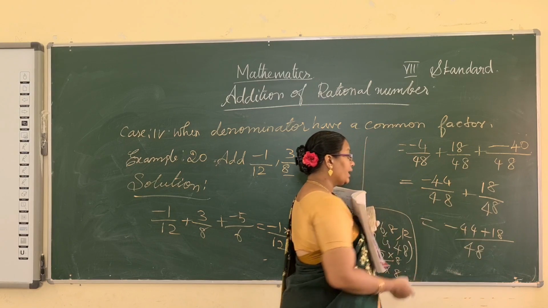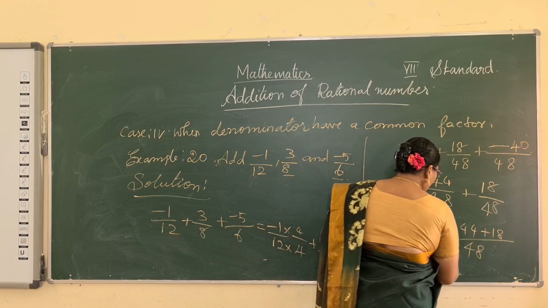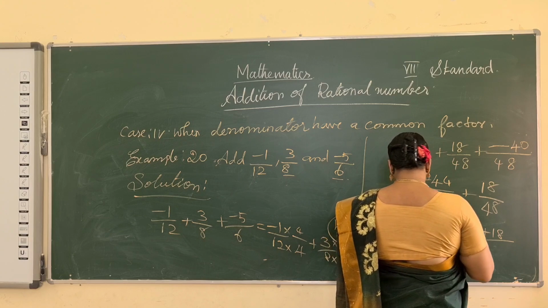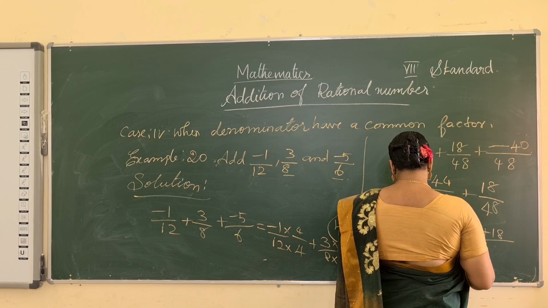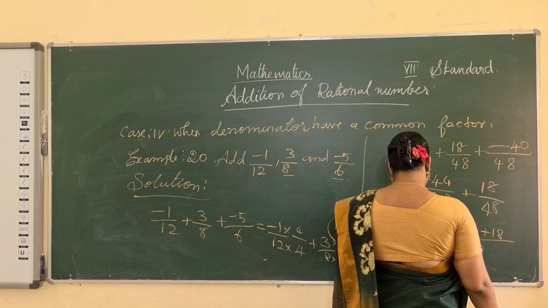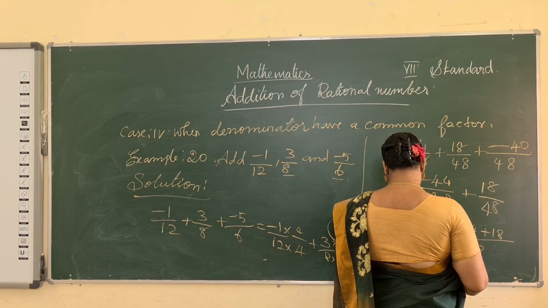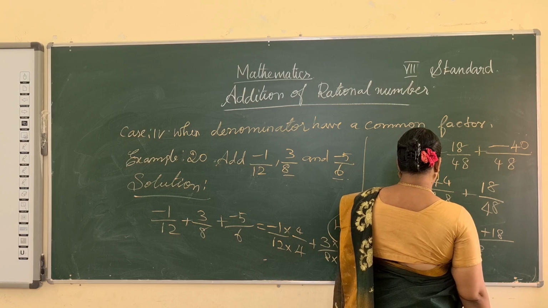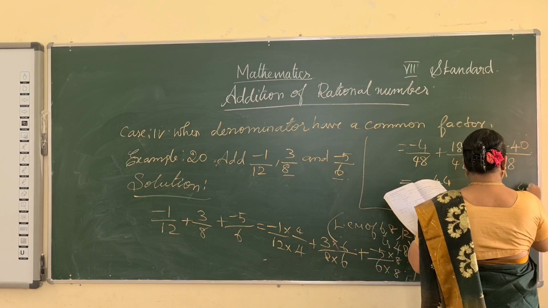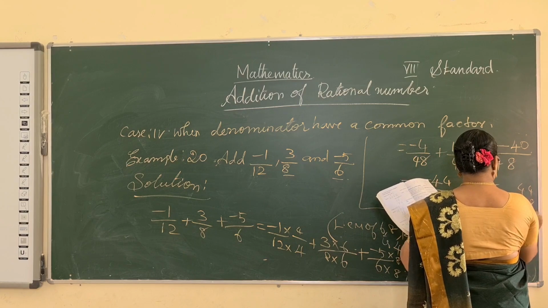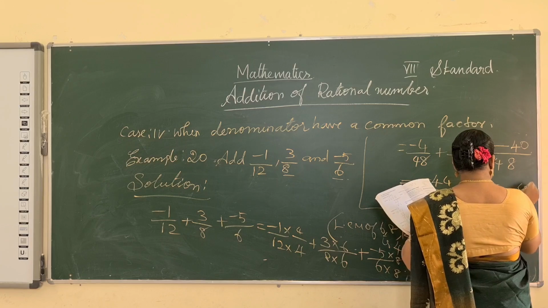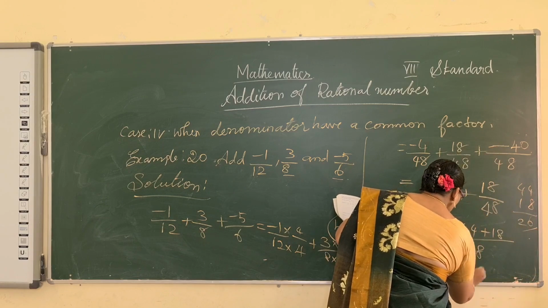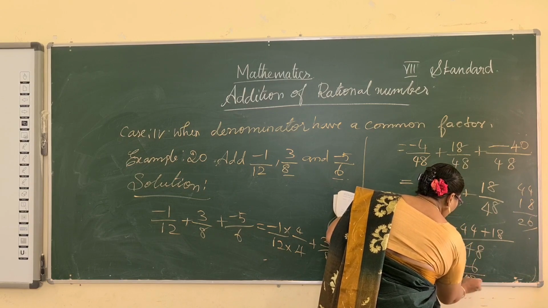Subtract and put the greater number's sign, which is minus. So 44 minus 18 is 26. So minus 26 by 48.